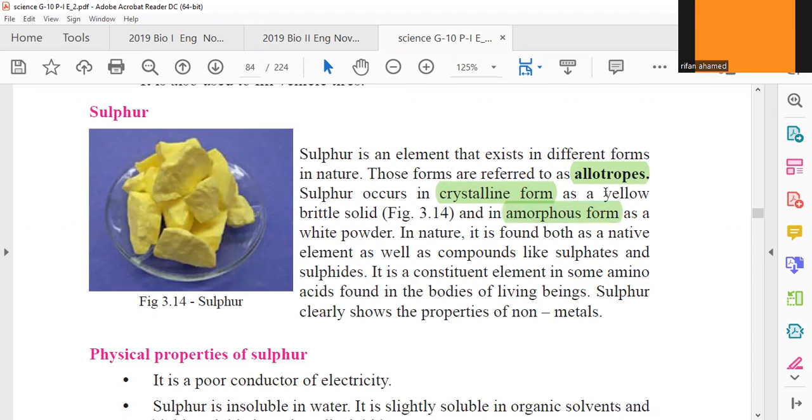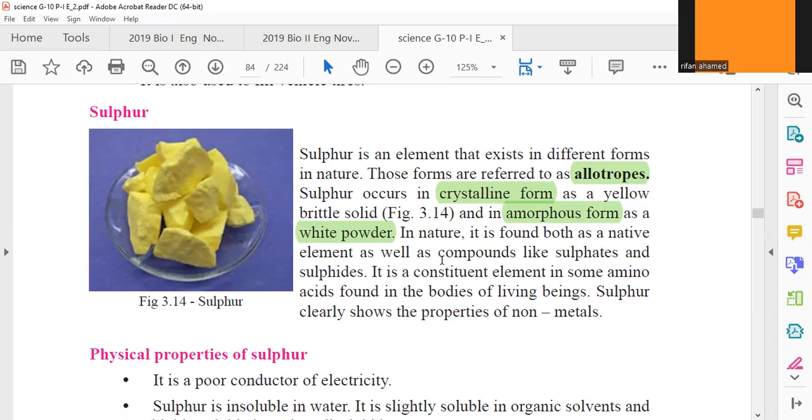If you take the crystalline form, you can see it is a yellow color, brittle, solid, glass-like. Your book says, although it is not exact, amorphous sulphur is a white color powder, but not exactly white. It's a pale yellow color.